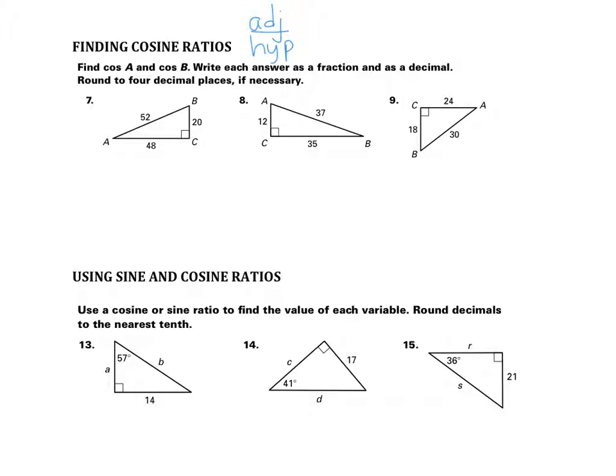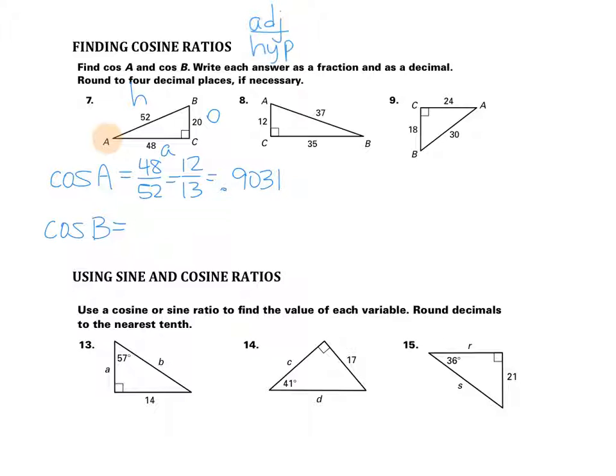So if I do the cosine of A, adjacent over hypotenuse, most reduced fraction form, and then the cosine of B, so the adjacent of B is 20.